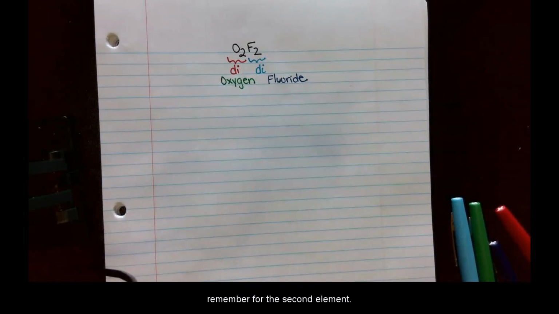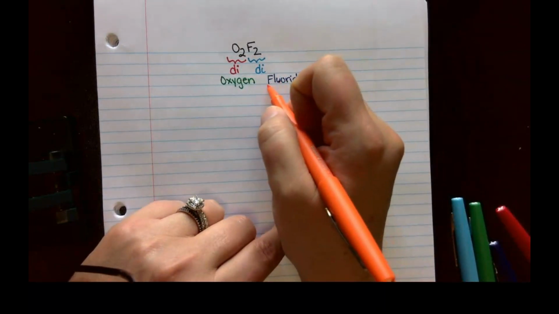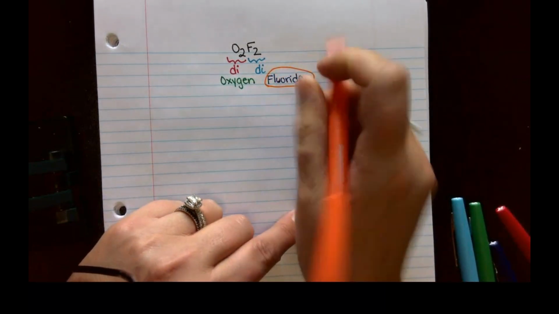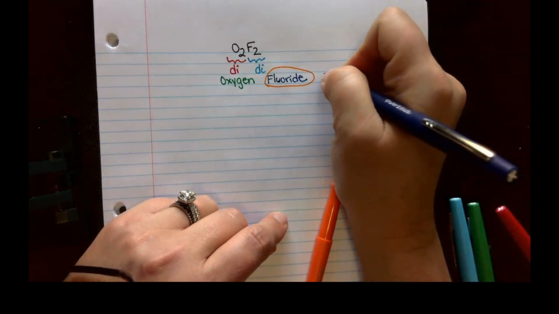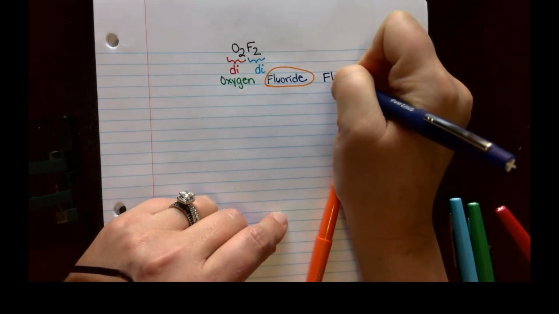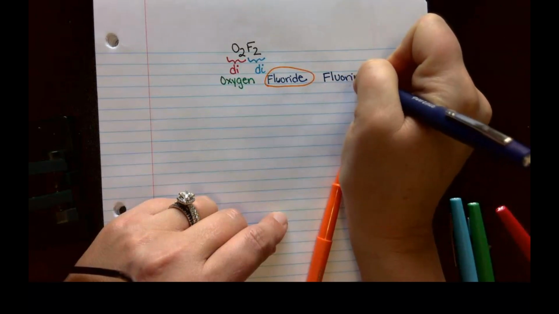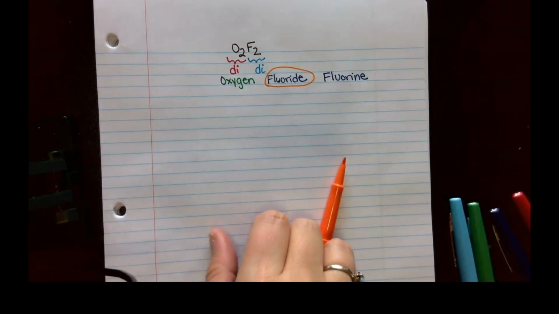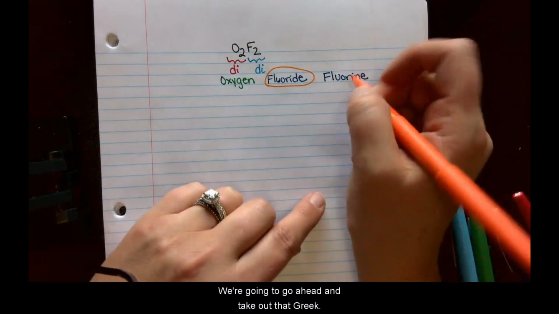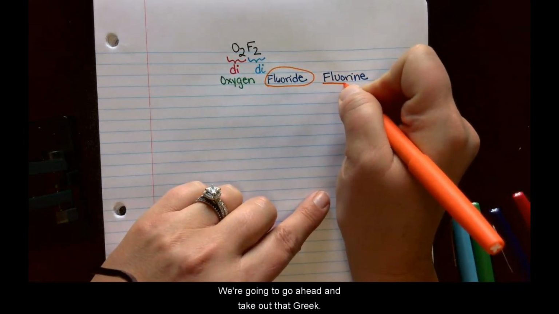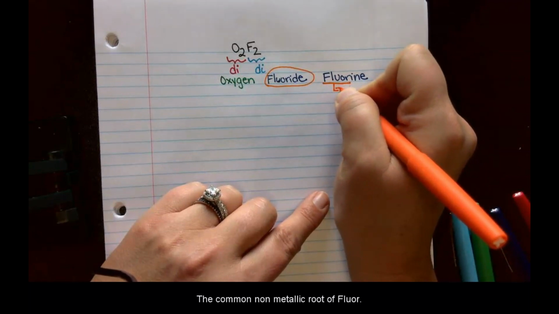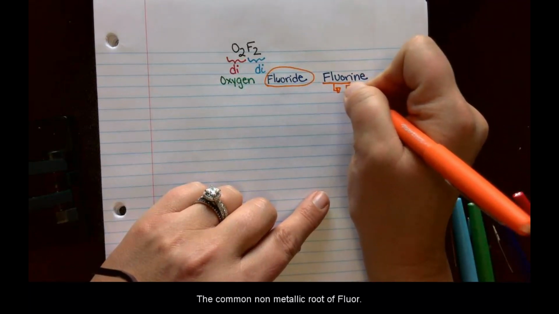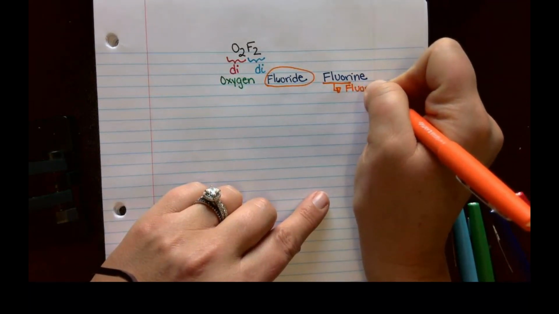Now remember, for the second element, I already did it here. So this should have been fluorine, but I so rarely write that I just wrote down the next part. Please excuse me. And we're going to go ahead and take out that Greek root, the common non-metallic root of fluor, F-L-U-O-R.